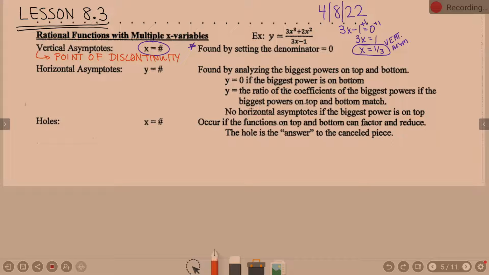Sorry, that's one of those words that takes me a moment to spell. Okay, so it's a point of discontinuity, and points of discontinuity can be removable or non-removable. A vertical asymptote is a non-removable point of discontinuity.